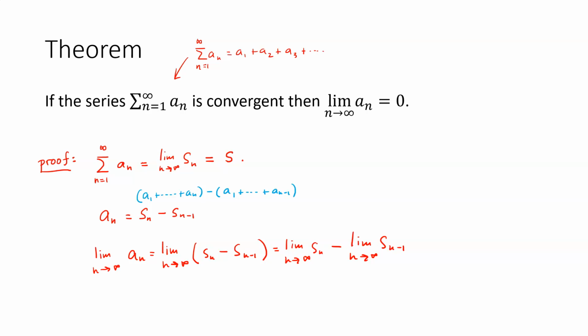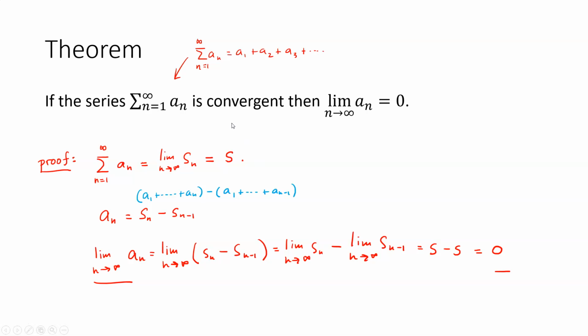These are both just eventually going to converge to S as n goes to infinity. And of course, S minus S is equal to 0. So here we've shown that the limit as n goes to infinity of an must be 0.